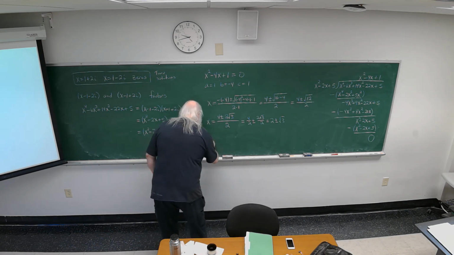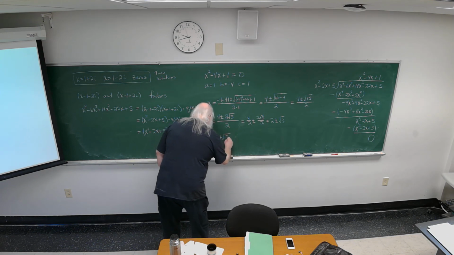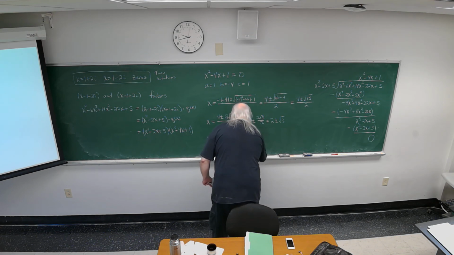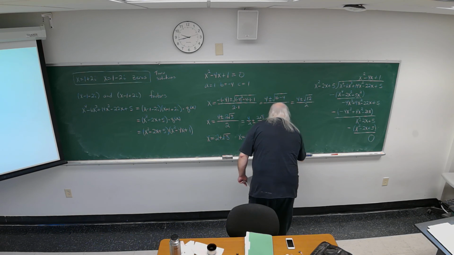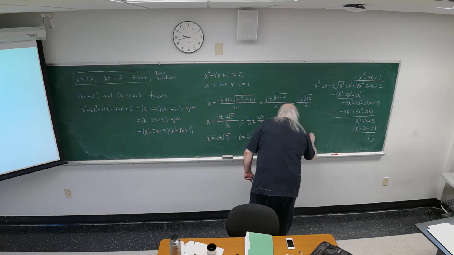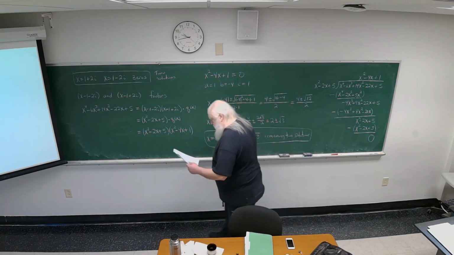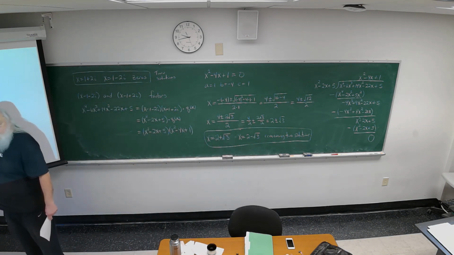So x equals 2 plus the square root of 3, and x equals 2 minus the square root of 3 are the remaining two solutions to this equation.